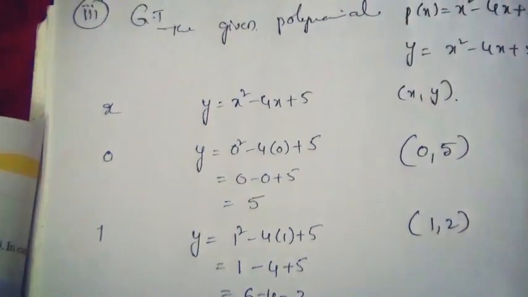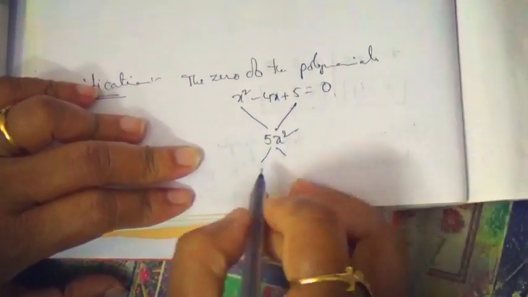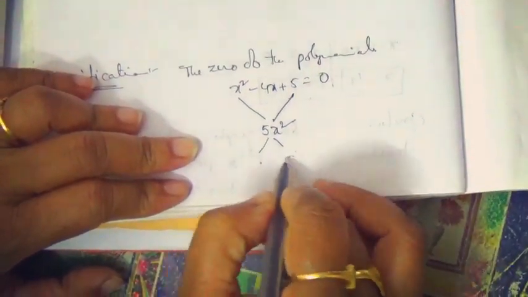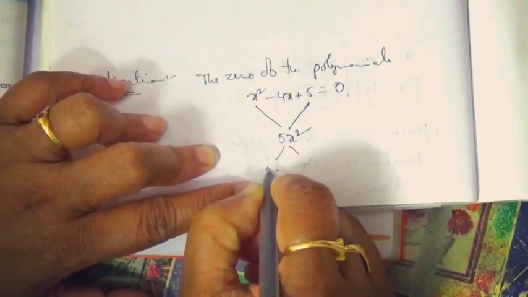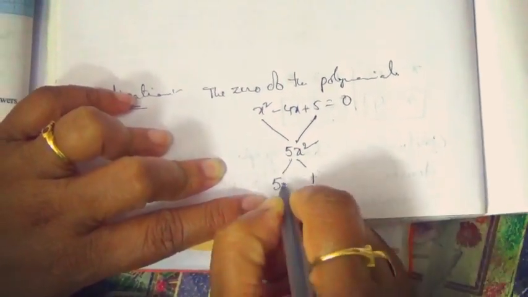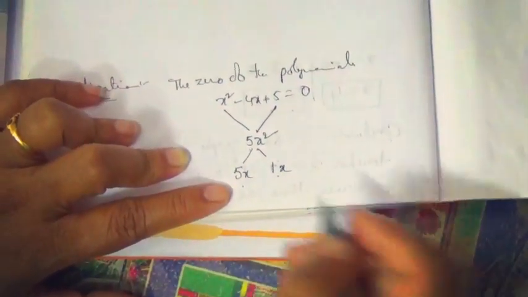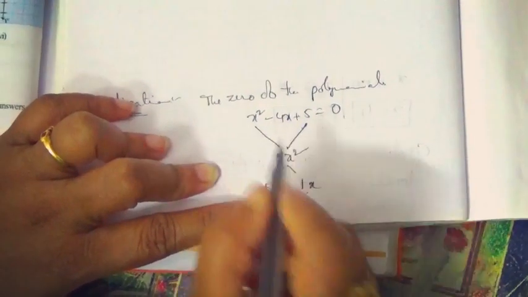So you take 5x square. What values have to be taken for this? If I take 5 into 1, 5 ones are 5, x into x, 5x square, but I need this minus 4x.